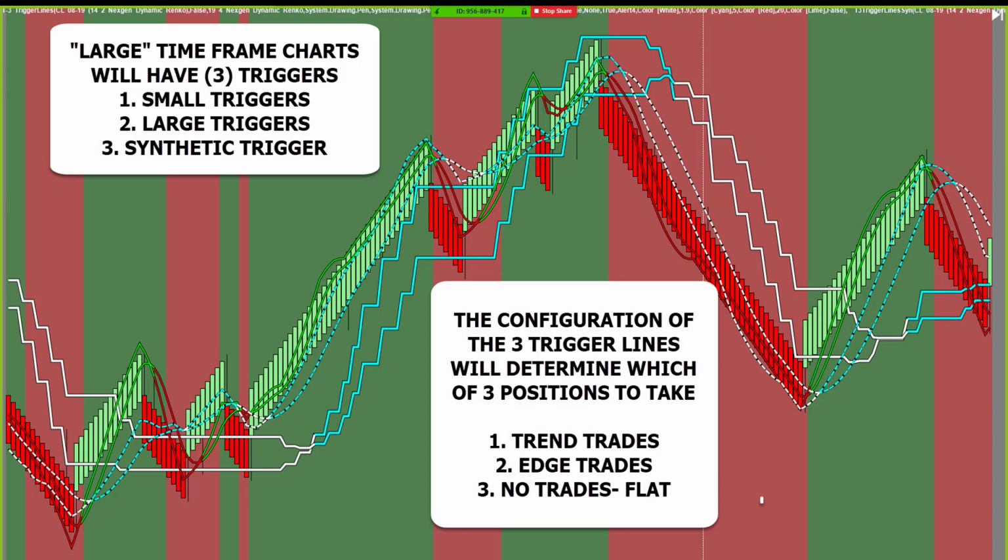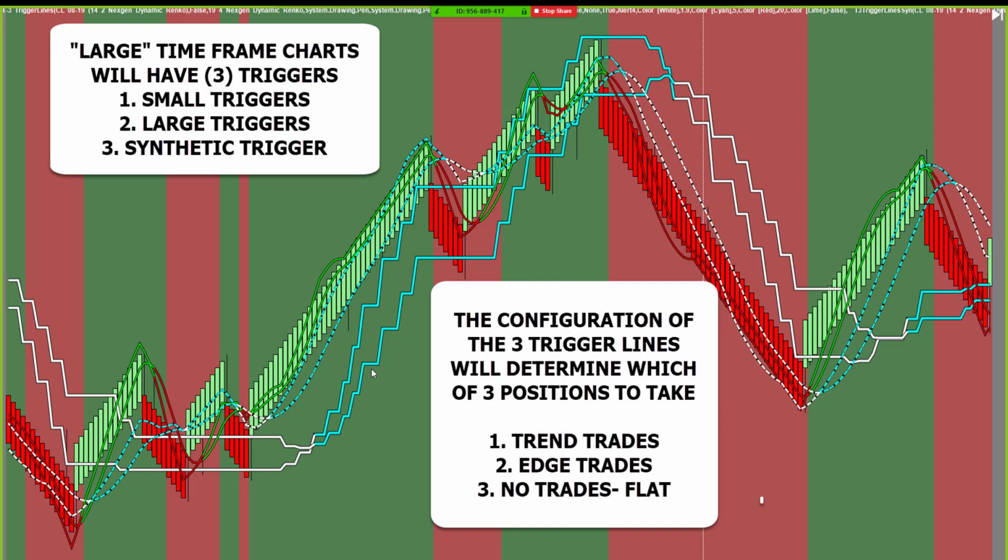When we look at a single chart, we have 3 trigger lines. They're a small trigger line from the chart, a small trigger line with a slightly bigger 38 bars, and a small trigger line from a much larger chart, which gives us a synthetic trigger line.